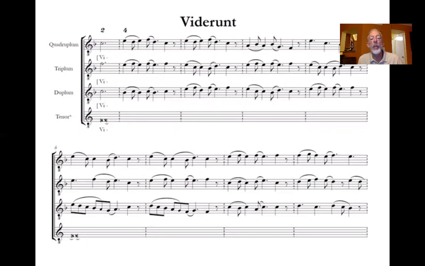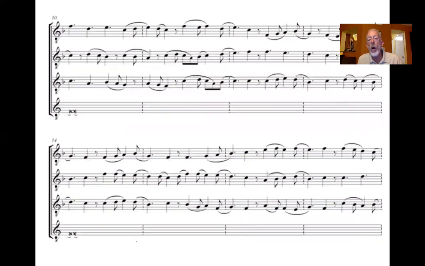And look at the tenor on the bottom. See how he's just holding one long note, the first note of the chant, while all this stuff is going on. Now, this isn't done by a choir. This would be done by one person on each voice part.